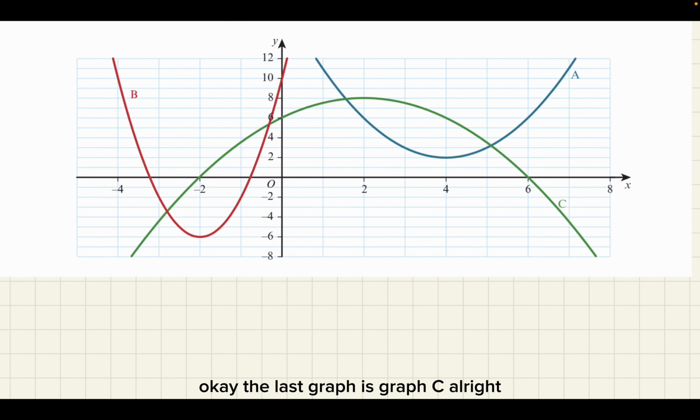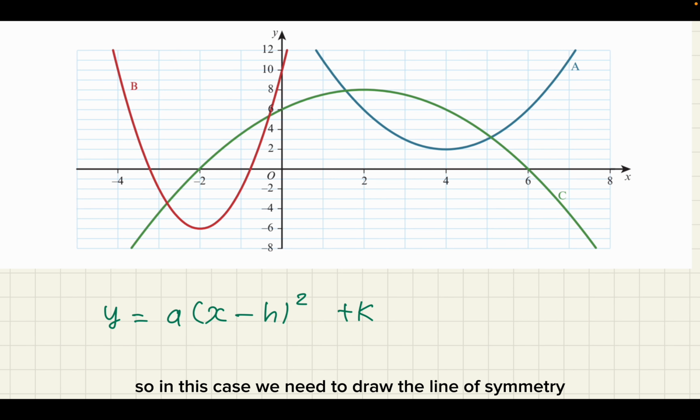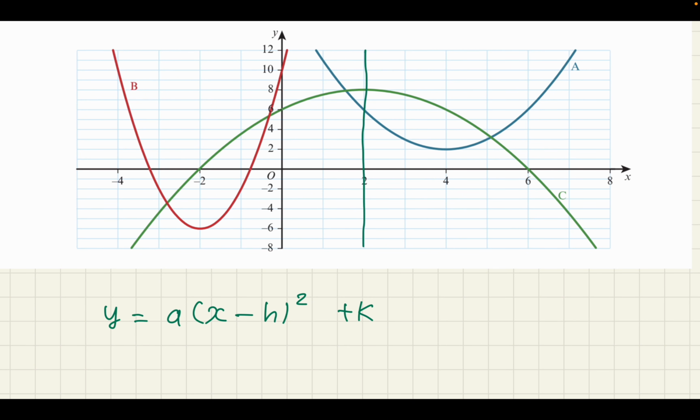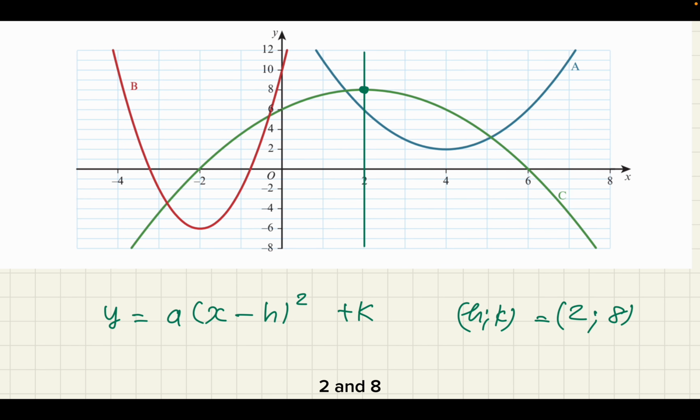The last graph is graph C. We still write the quadratic equation as a times (x - h) squared plus k. In this case we need to draw the line of symmetry here, and this point is the vertex. (h, k) has coordinates (2, 8).